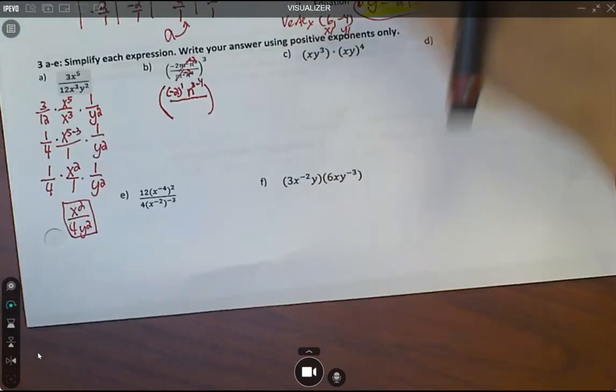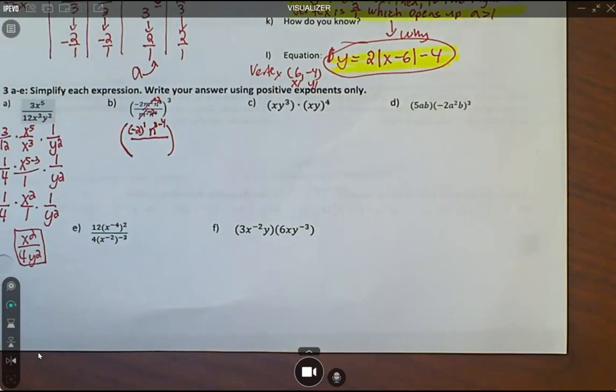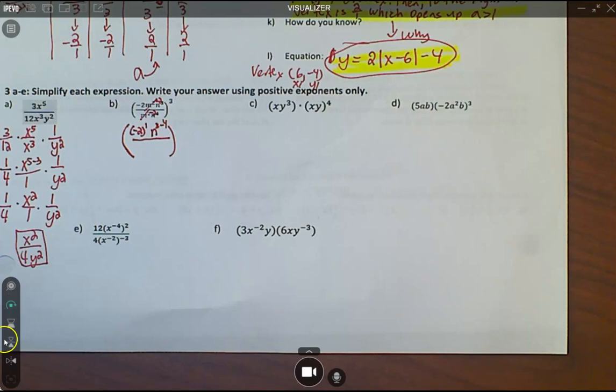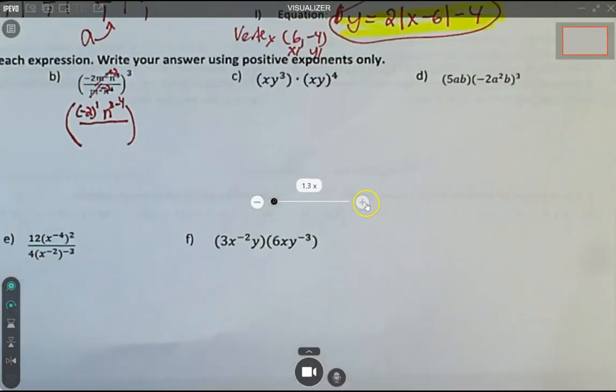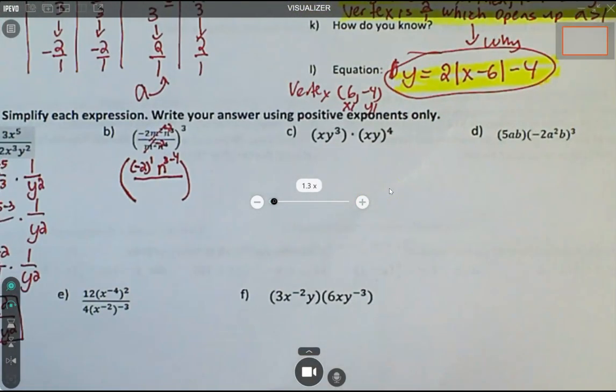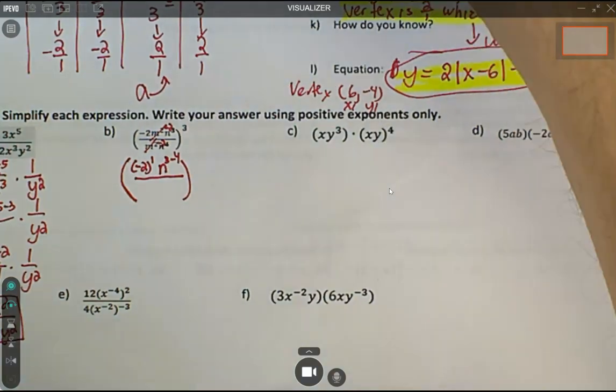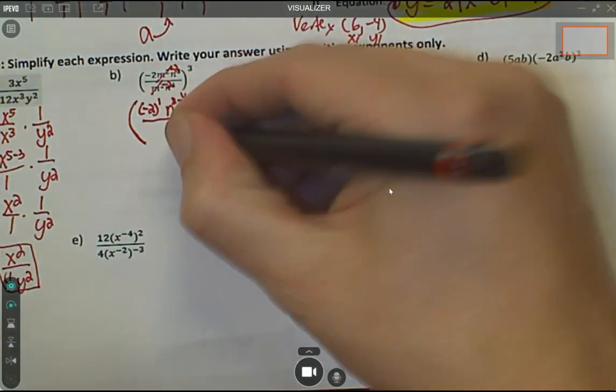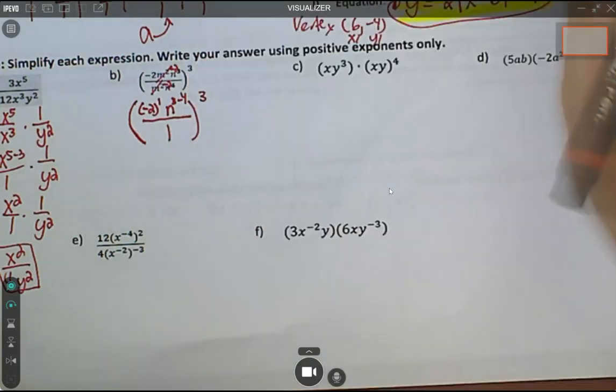Anything divided by itself is 1. So that's why the m's are gone. And that's all over 1 to the third.